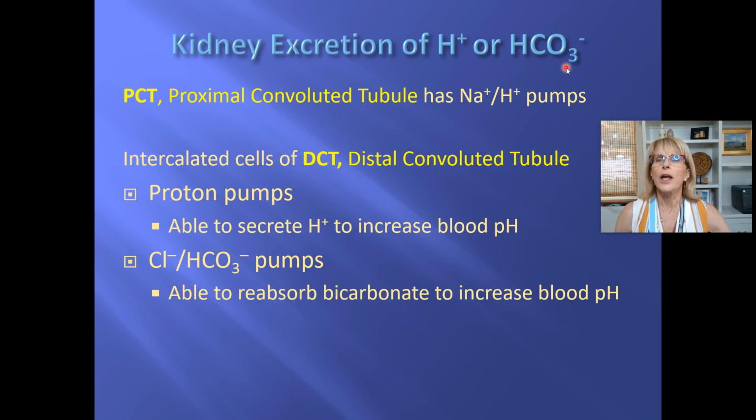So if your body wants to be less acidic, it'll bring in bicarbonate, and it'll throw away hydrogen ions. If your body wants to be more acidic, it would hold on to hydrogen ions and get rid of bicarbonate. The body's pH is right between 7.35 and 7.45, usually right at 7.4.